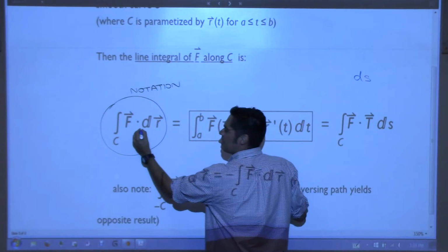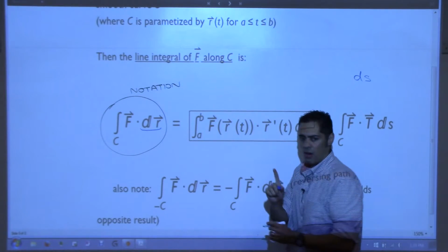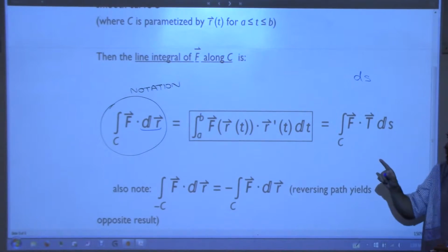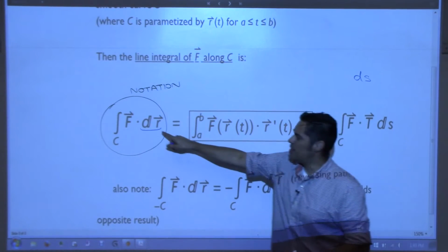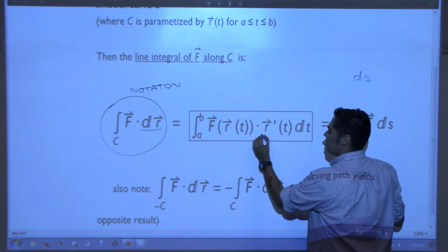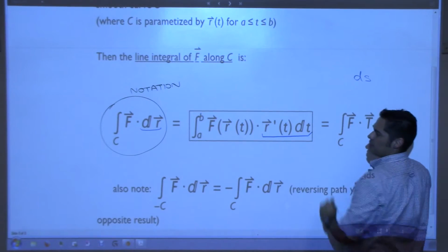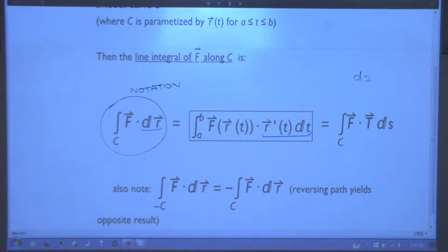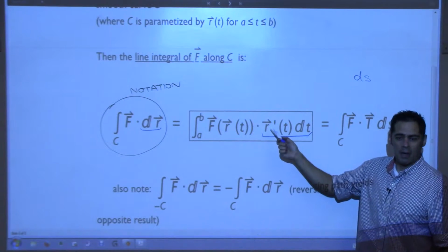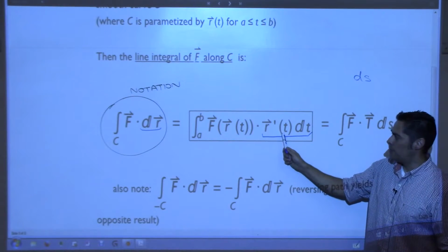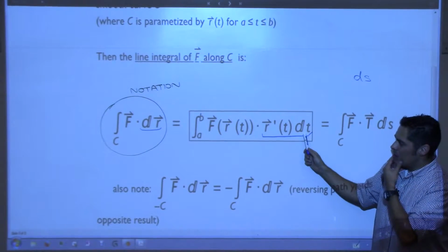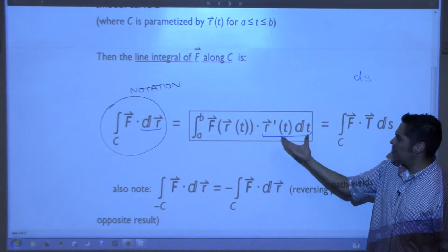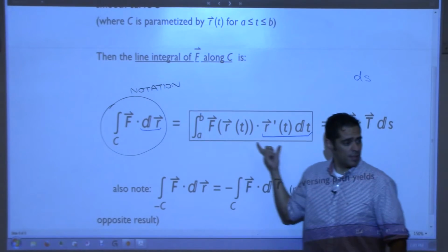Now, when we see dr, and not dr scalar r, dr vector r, d vector r means this. It is the derivative of the vector curve, or the curve function, with dt. Does that seem reasonable, that this notation represents this?